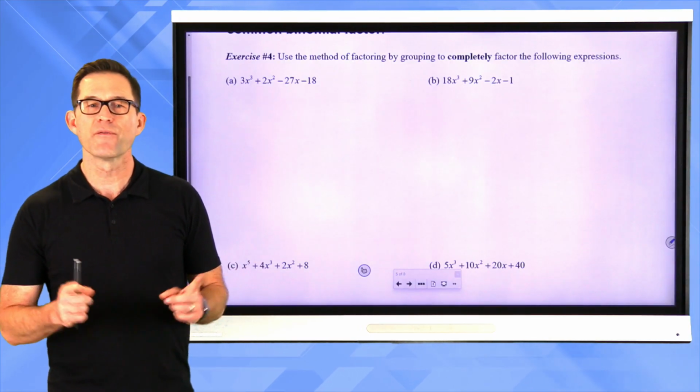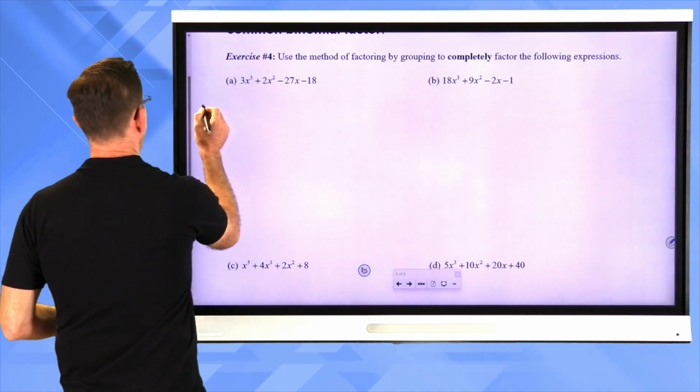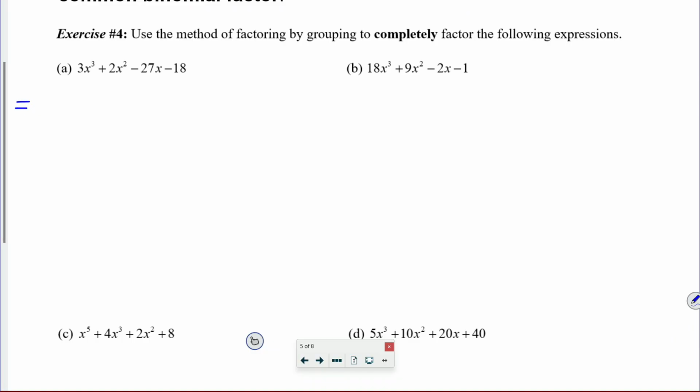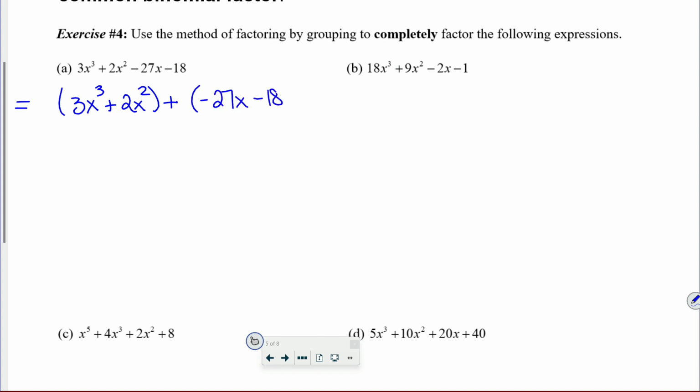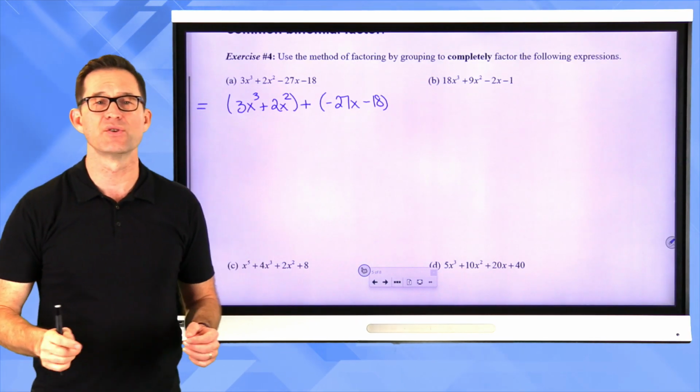All right, so the first thing I'm going to do in this problem is write down an equal sign, and then I'm going to group the first 2 terms, 3x cubed plus 2x squared, together, and then put a plus and write down negative 27x minus 18. So I'm grouping the first 2 terms together and the last 2 terms together.